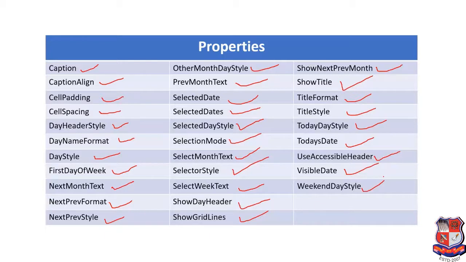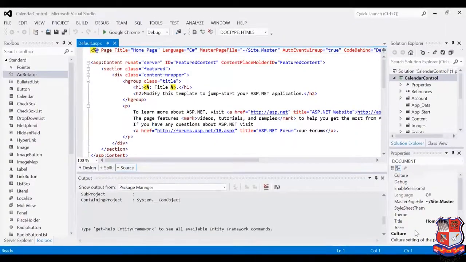Now we'll see and discuss an example of the calendar control by using Visual Studio. To see the example, I already have a project as a web application, and inside that a default page is already there.